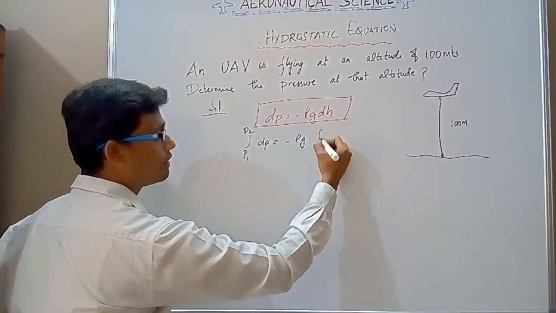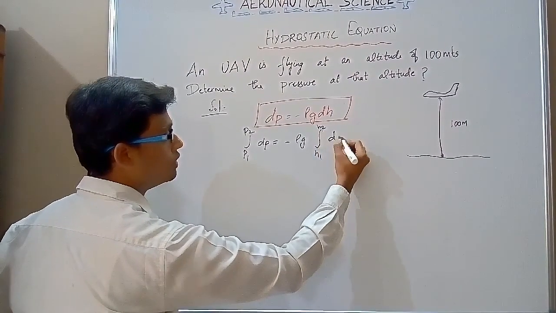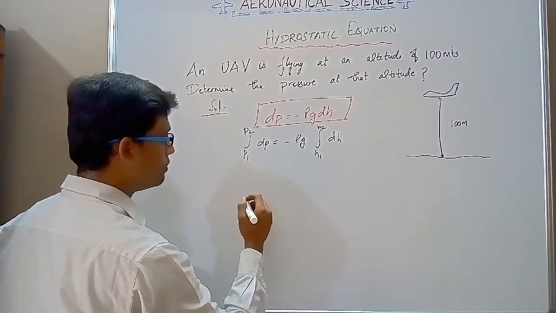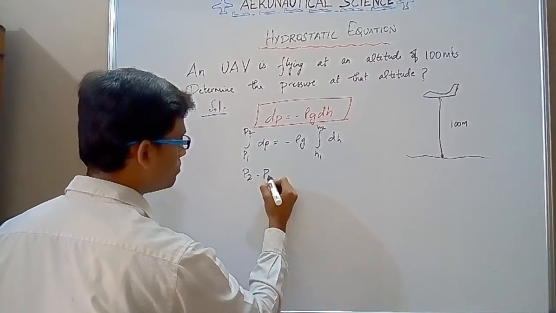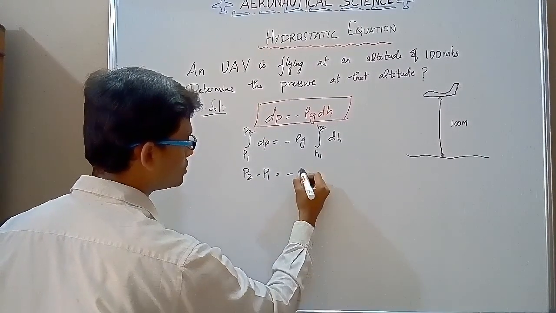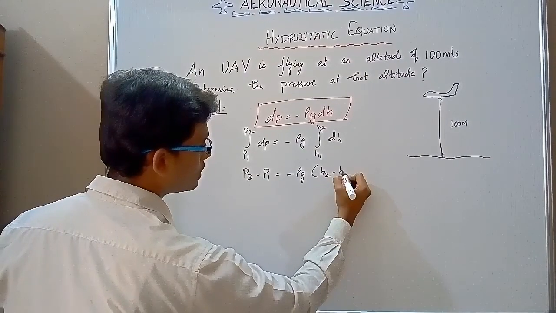So I am integrating dh from h1 to h2. By integration, we get P2 minus P1 equal to minus rho g into h2 minus h1.